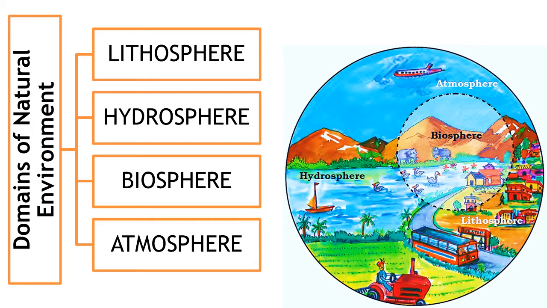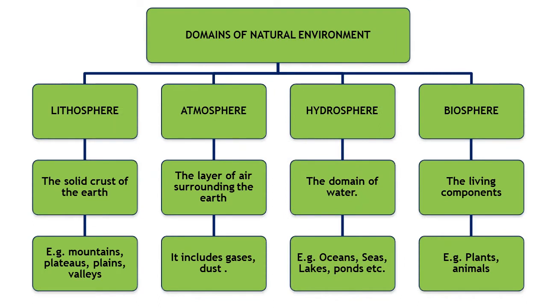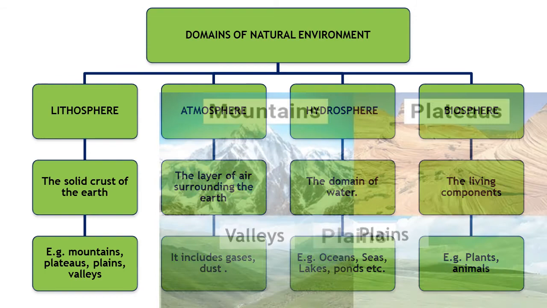There are four domains of natural environment: lithosphere, hydrosphere, biosphere, and atmosphere. Let us understand them one by one. Let us start with lithosphere. Lithosphere is the solid crust of the earth. It is that layer where we live.